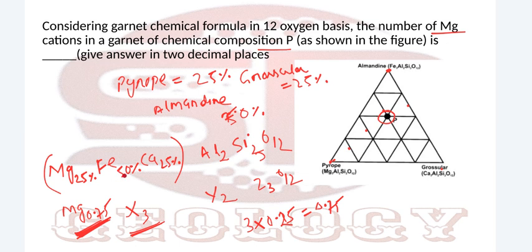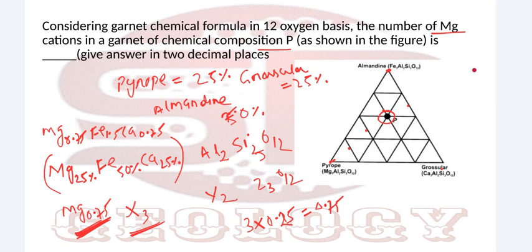Similarly, you can calculate Fe: it occupies 50%, so 50% of 3 will be 1.5. So Mg will be 0.75, Fe will be 1.5, Ca will be 0.75. Since it asks for the Mg cations, it will be 0.75.